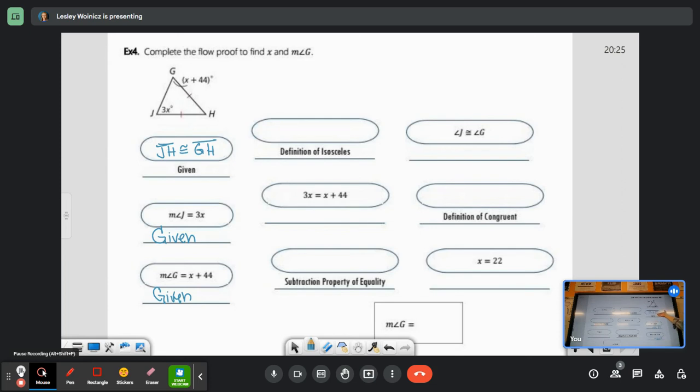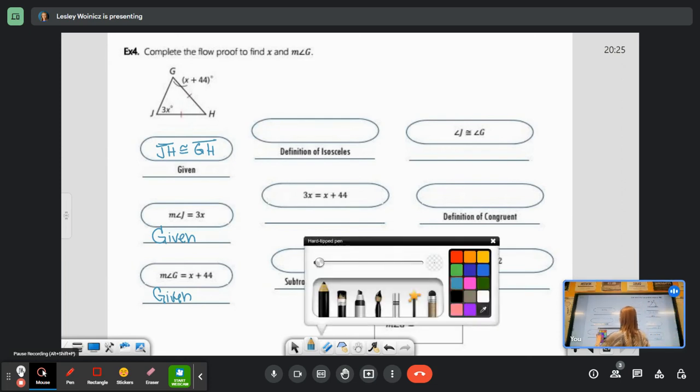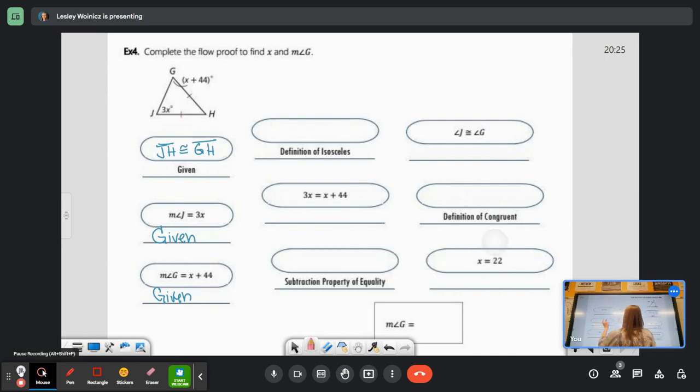Well, if we have two congruent sides, then we know it's isosceles, so we know triangle GHJ is isosceles.